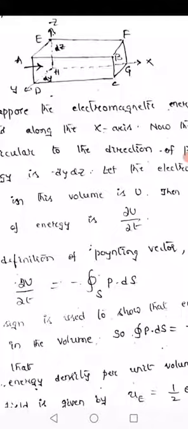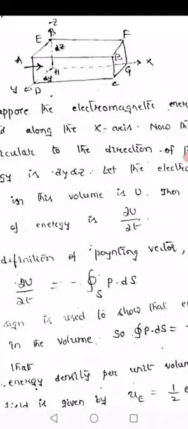But energy is entering towards the right hand side. So both are in opposite directions, 180 degrees. So P dot dS will become cos 180, minus. So minus of minus is positive.